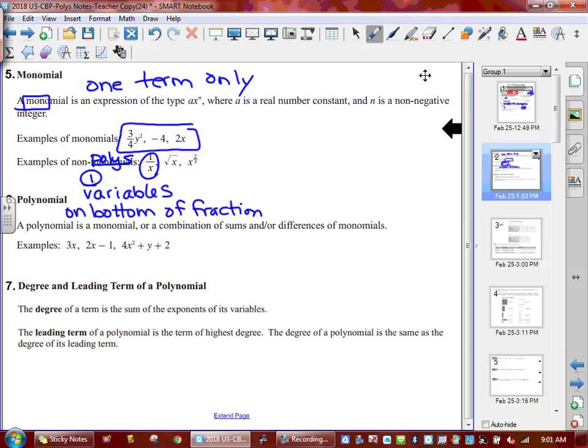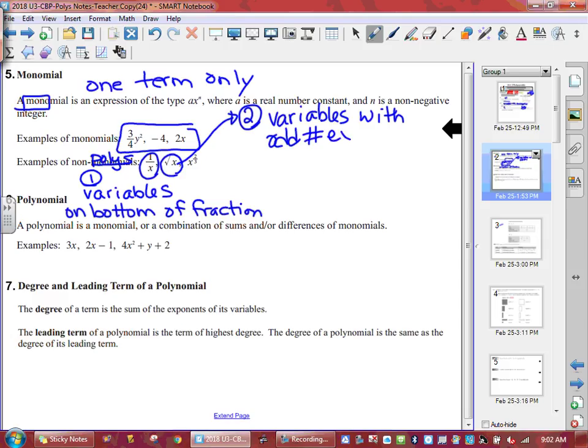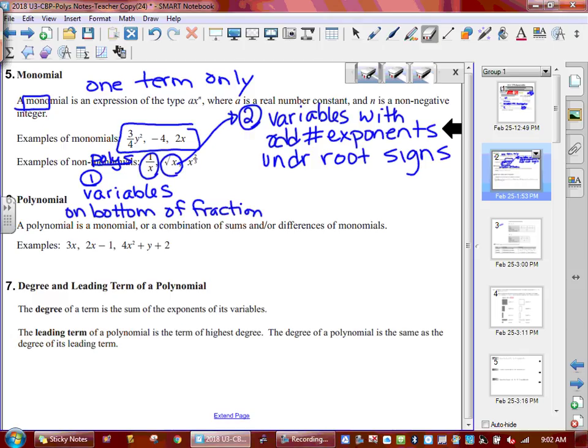So, for this example, the second thing is variables with odd number exponents under root signs. And I spelled under wrong. Under. With just an R. Okay, so variables with odd number exponents under the root sign.